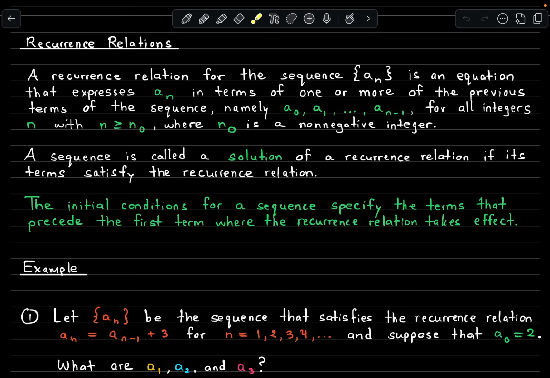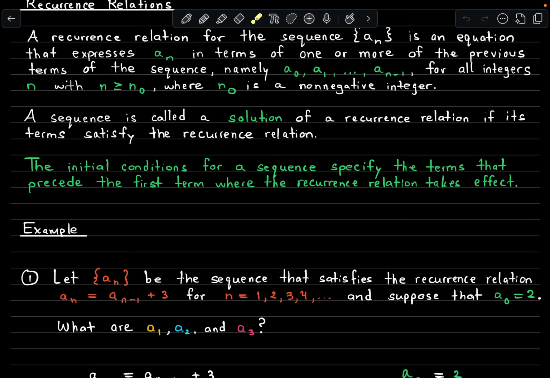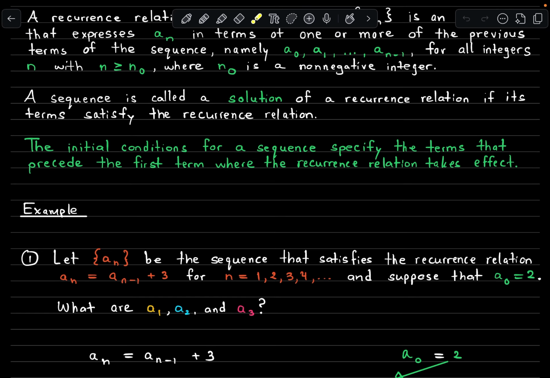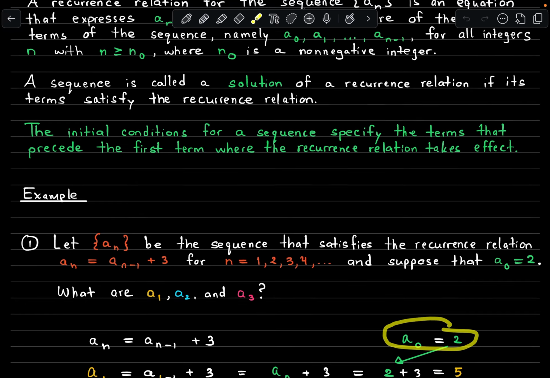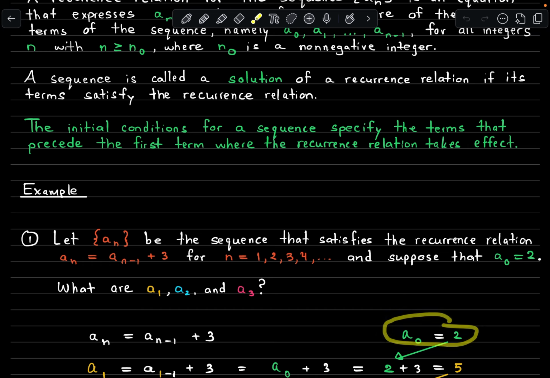So then what are A sub 1, A sub 2, and A sub 3? Okay, well, this is our logic. This is our formula now for determining the nth term. We're given our initial condition, A sub 0. So for A sub 1, now I'm just showing here that really we can just plug in 1 for n in this formula.